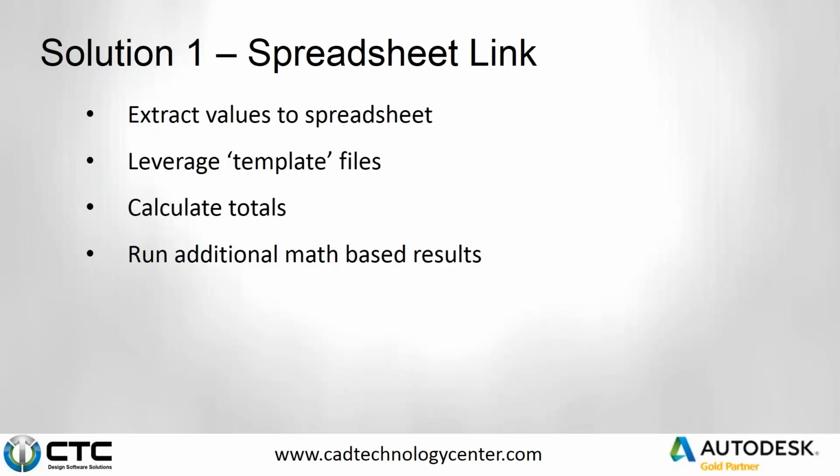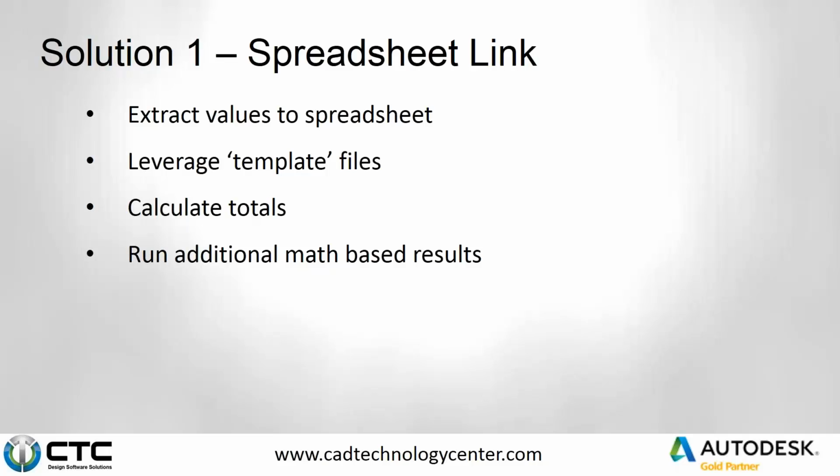And then I'm going to run some additional math-based results on that. Now, I've then created for myself a nice layout that's going to be used eventually in my document set. Again, for today's example, it's a residential unit summary for a residential type project. But you can do this for a number of things: workstation summaries, gross building square footages, area type analysis, things like that. You could do this for a lot of different reasons using this exact same technique.